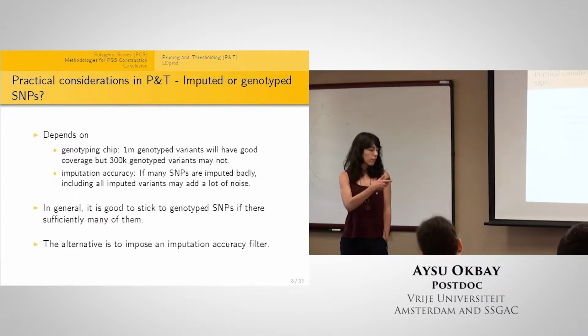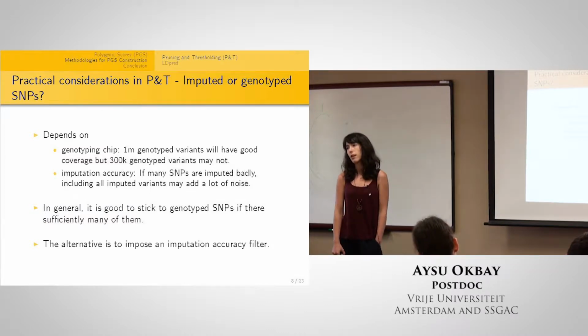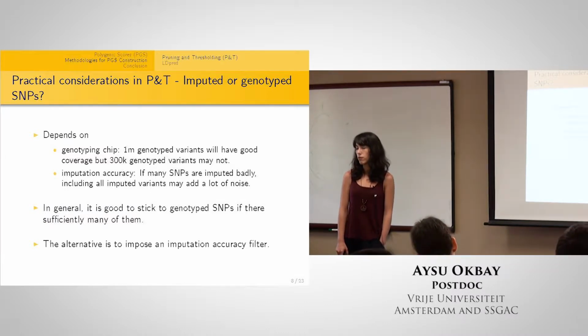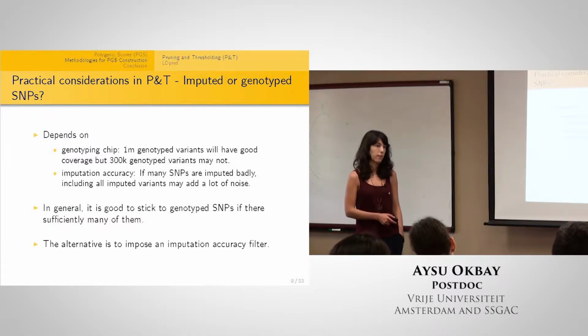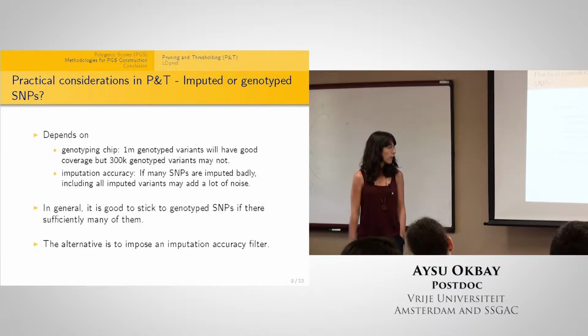It also depends how well your variants are imputed. If there are a lot of badly imputed variants in your data, you wouldn't want to include those because there would be a lot of uncertainty about the genotypes, and then you'll have a lot of additional noise. In my experience, it's usually better to stick to genotyped SNPs if you have enough of them.